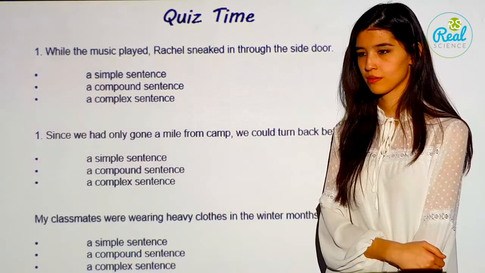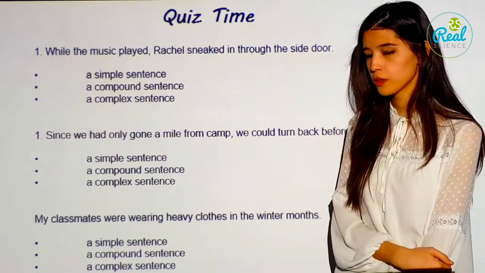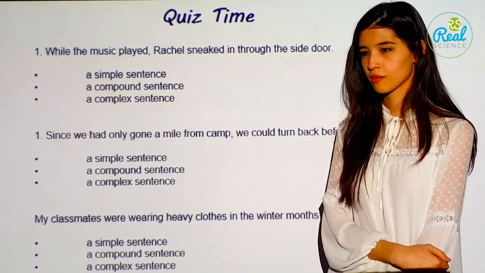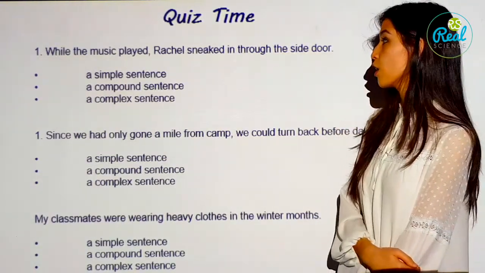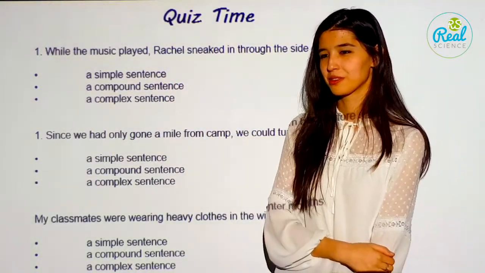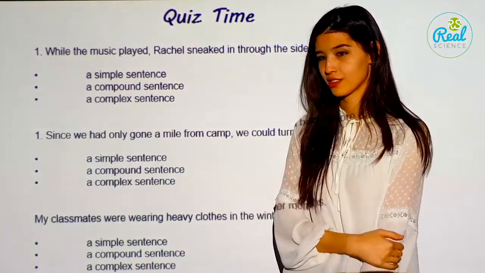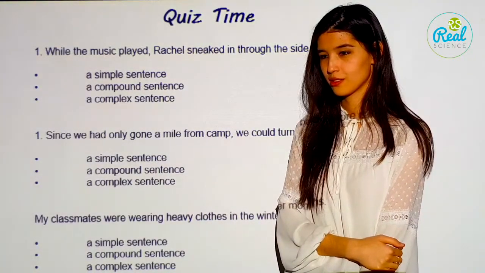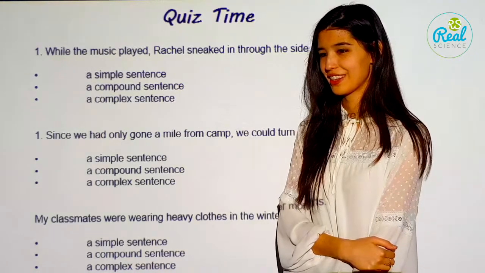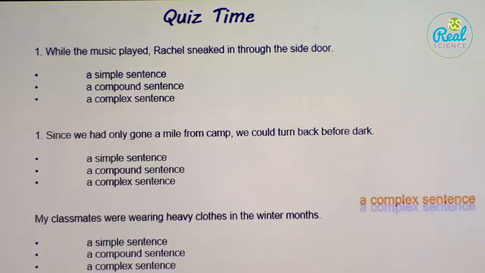Because we have a comma. Okay, but in compound we also have a comma. What is the word that is telling you that it is complex? While. Thank you. While. Linking word.